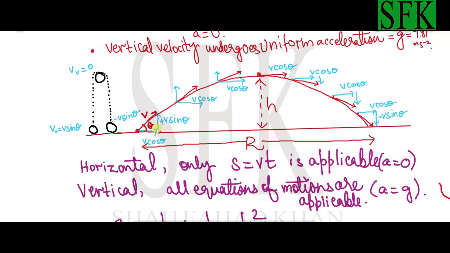Whereas the vertical component, on the other hand, will undergo uniformly accelerated motion, similar to the acceleration of a ball that is thrown vertically upwards with an initial velocity of v sin theta, which is actually the vertical component of the projectile.